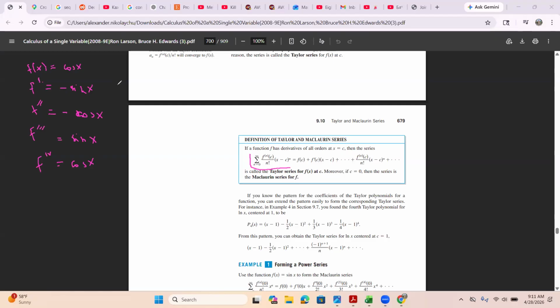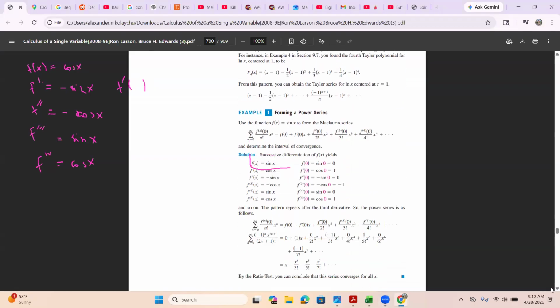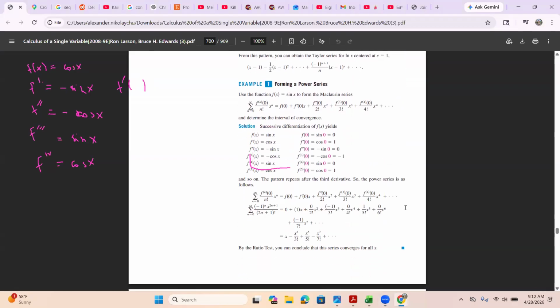Then, depending on what point c we like to use for the decomposition, here's the example they consider. If you look at the function cosine and try to decompose it around 0, what will be the coefficients?